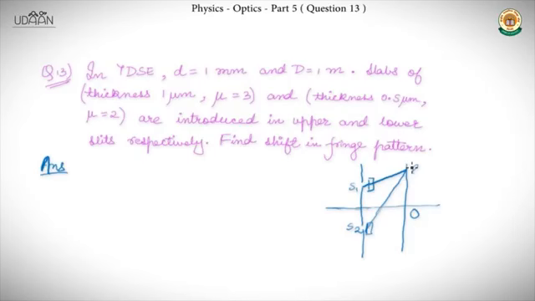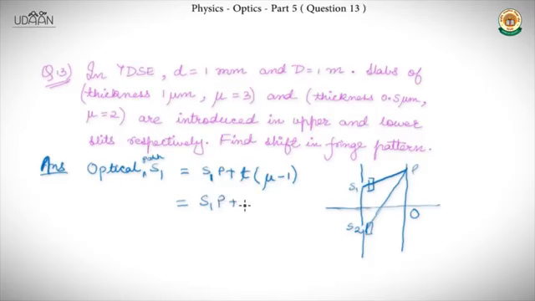So, in this case, the optical path for S1 will be equal to S1P plus, as you remember, t, the thickness of the rectangular slab, into mu minus 1. So this will be equal to S1P plus 1 into 3 minus 1.